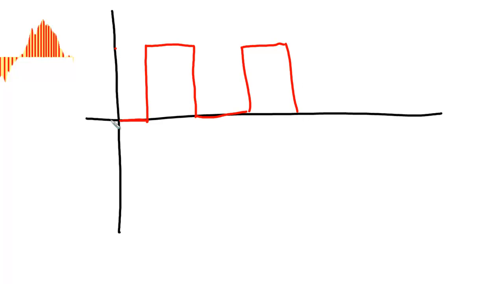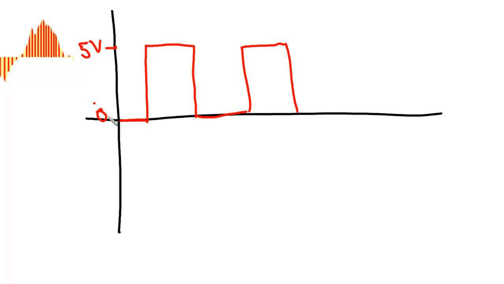Those are the two values you typically see with it, a high and a low. Now, in terms of voltage, this may be 5 volts, or it could be some other voltage, and this would be 0 volts.